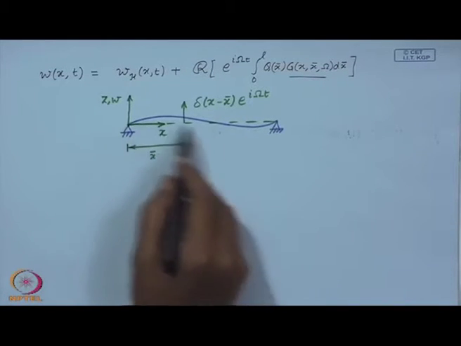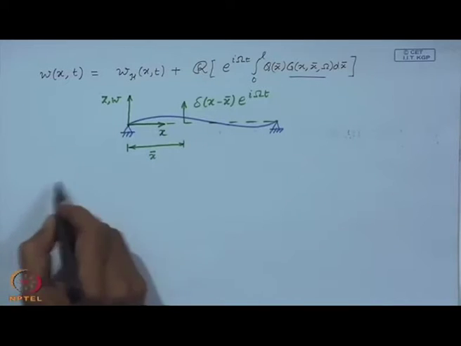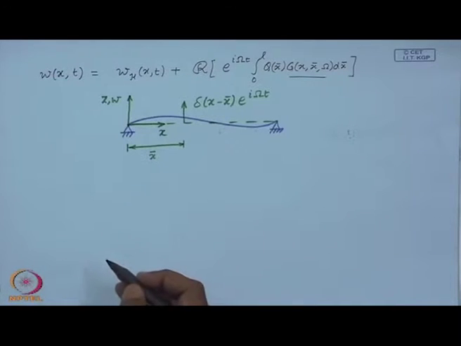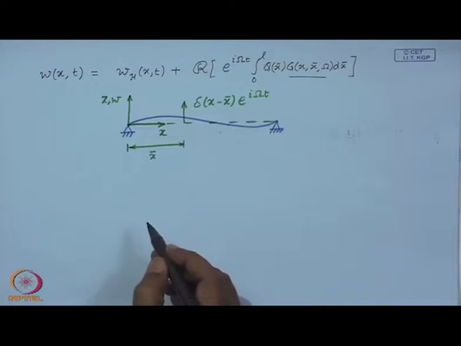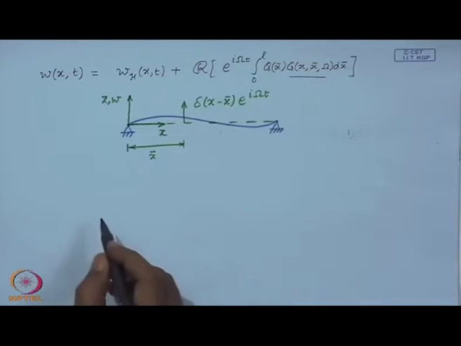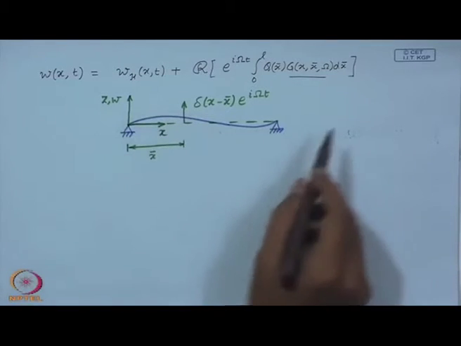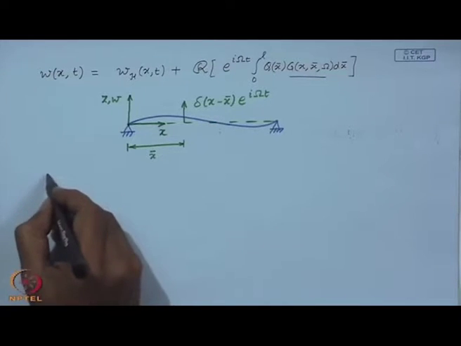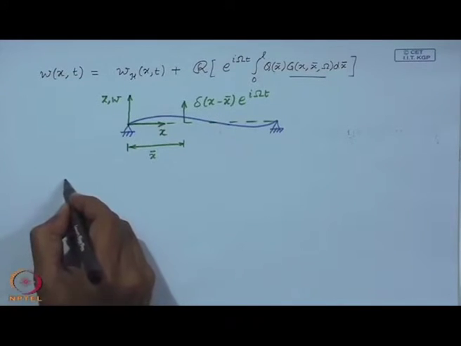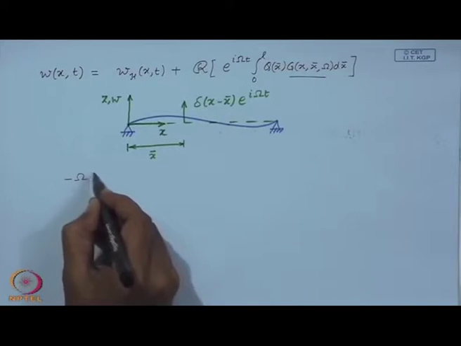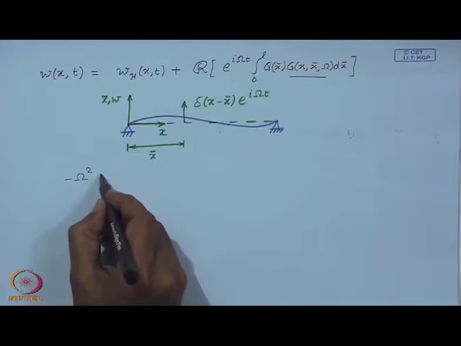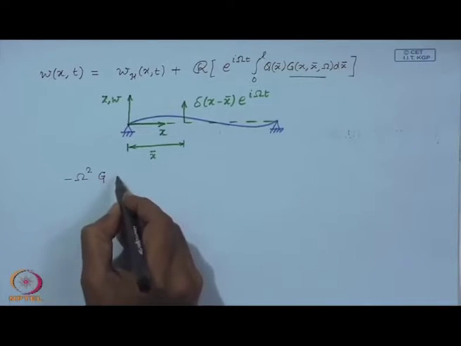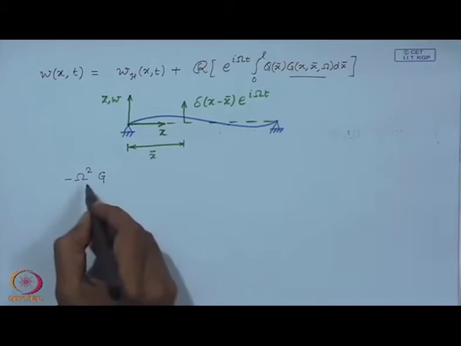Finding the Green's function is essentially solving this problem, and if you write down the equation of motion and substitute the solution form that we have been considering, we get the boundary value problem we are going to solve.